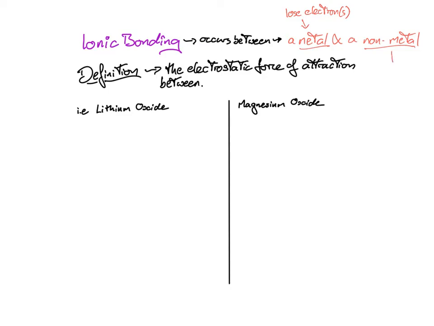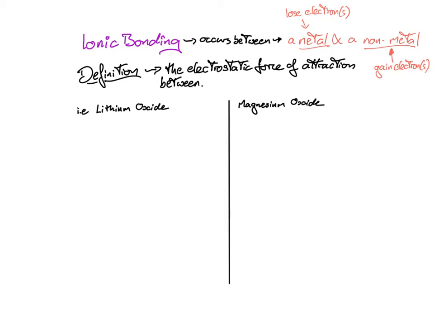Whereas non-metals are the opposite, so they have a tendency to gain electron or electrons. Why? Well, in general they have a greater than half filled outer shell and it is energetically favourable for them to do so.